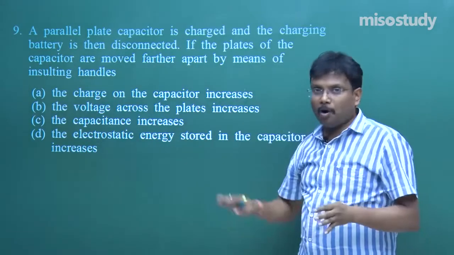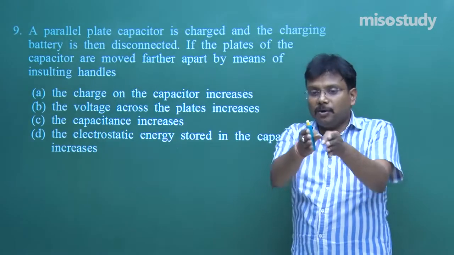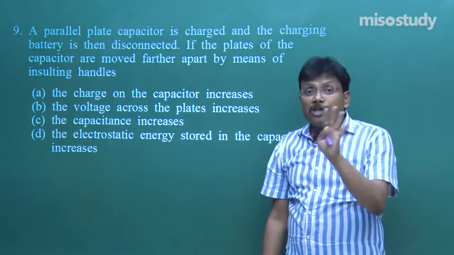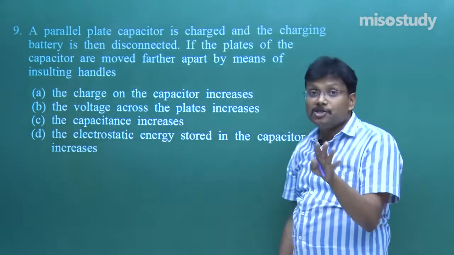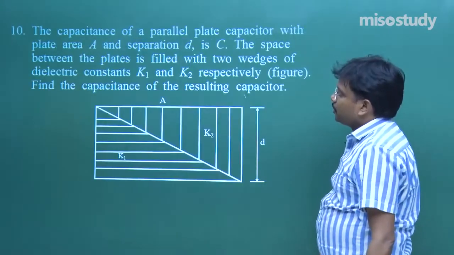Try the same problem, but assume that battery is not disconnected. Once the capacitor is fully charged, then it is like this, and in this situation charge will not remain constant, potential will remain constant, because potential is coming from your source. So here comes your question number 10.